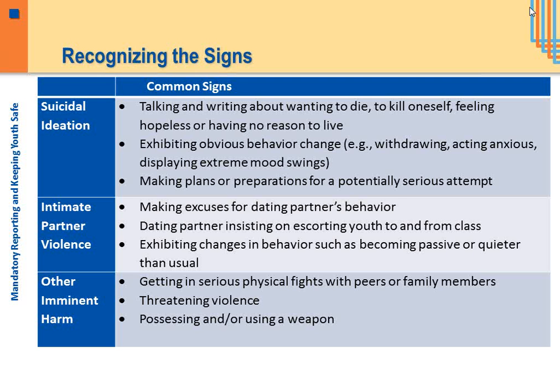Also, as frontline staff of teen pregnancy prevention programs, it will not be uncommon for you to have youth in your programs who are experiencing intimate partner violence. And one common sign that you might see in discussions with your participants is participants making excuses for their partner's behavior.